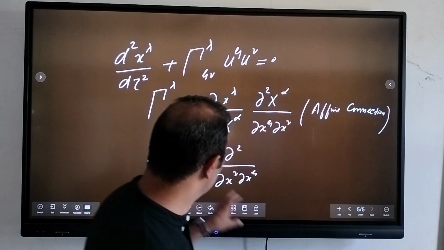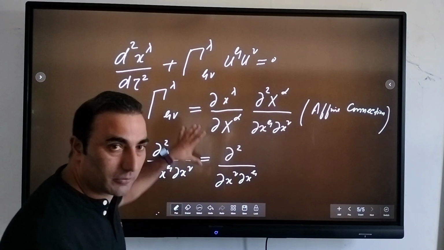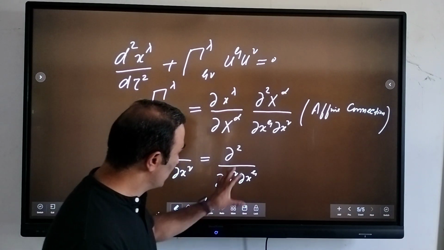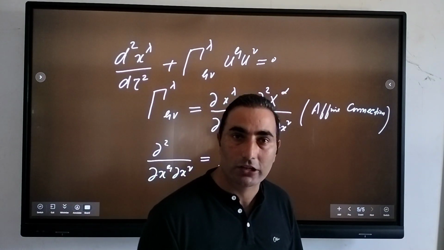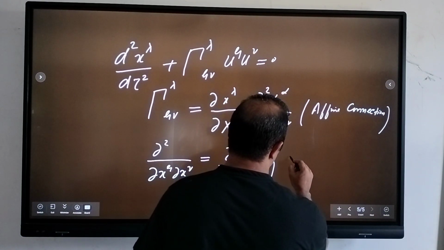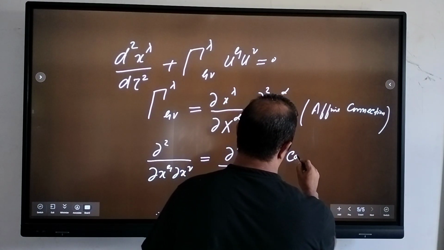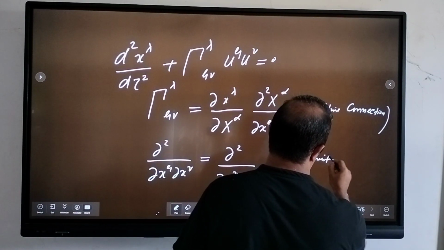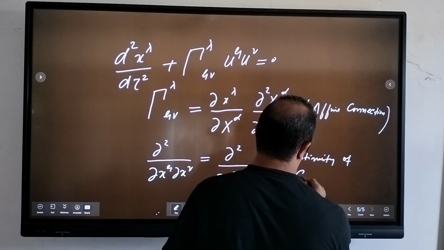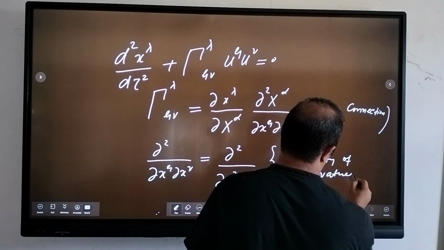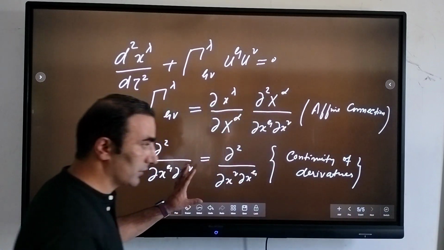I can write this as partial x nu then partial x mu, or I can change the order. This condition is valid under the continuity of the derivatives, right? So this condition is valid under continuity of derivatives.